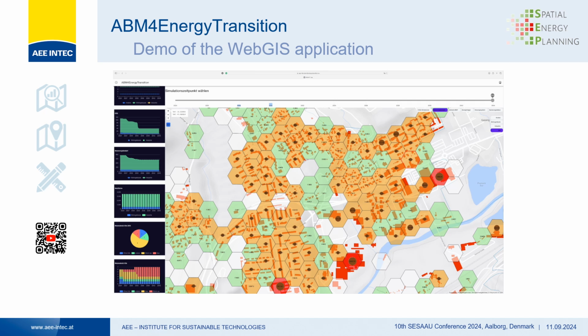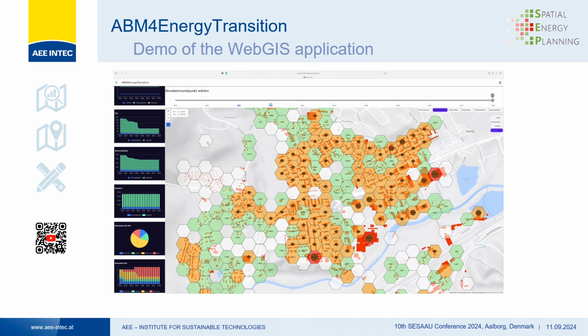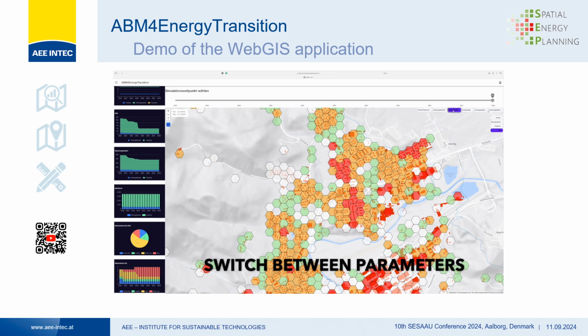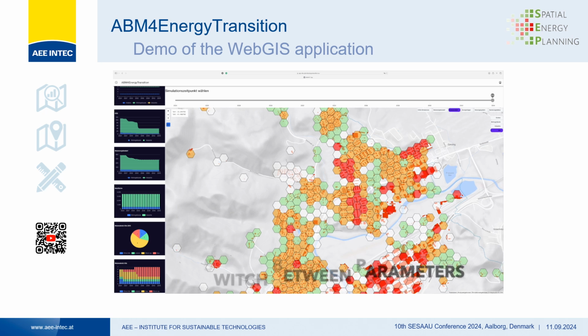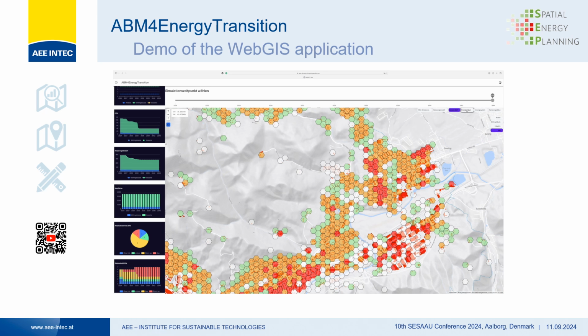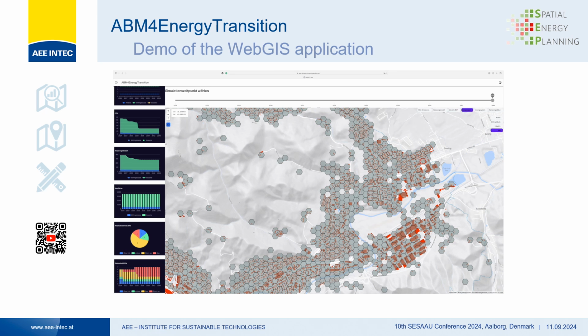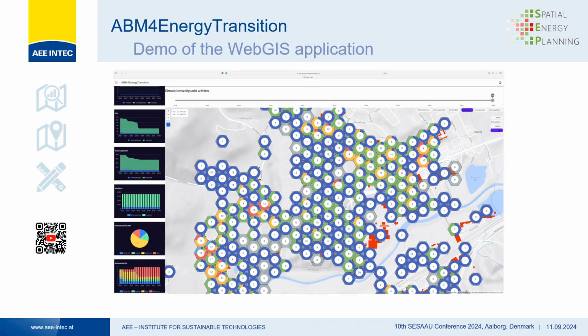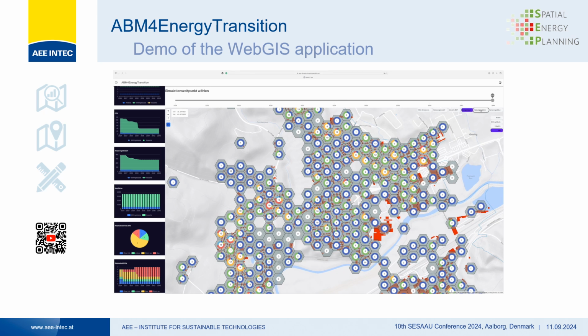Key results from the simulation shown in the web application include CO2 emissions, heating energy demands, spatial distribution of heating systems and energy sources, as well as renovation states of buildings.